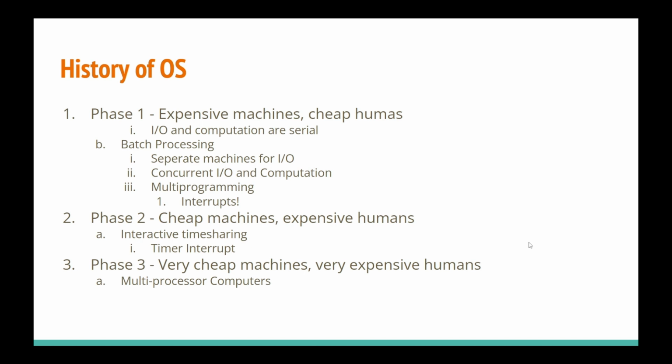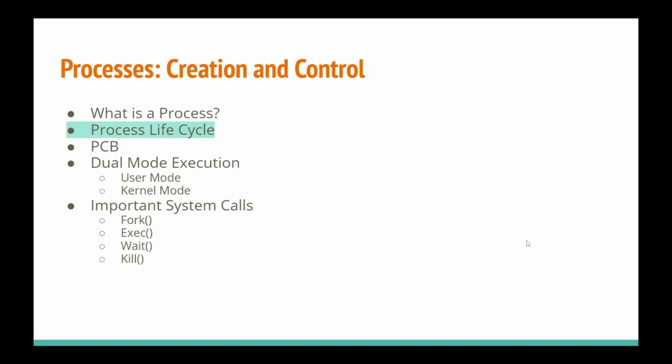Okay, so next, processes: creation and control. What is a process? A process is when a program is currently being executed. It is also a basic unit of measurement in the OS. It is the most basic abstraction of security, and they are created and managed with system calls.